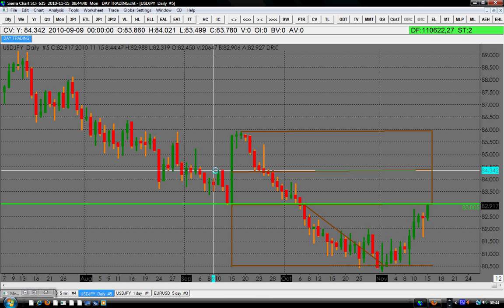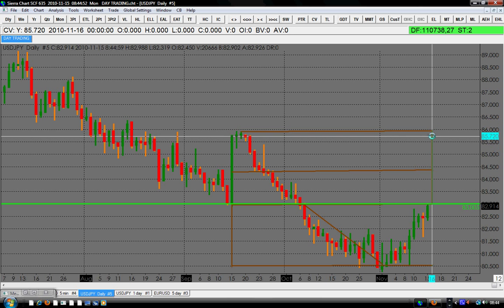I believe it will cross that level easily, but it's a testing point for this progression of this USD Yen. The ultimate target level is the top here, at 8594 in the region. It's not an exact price level, in the region of 8594. That's our ultimate target.